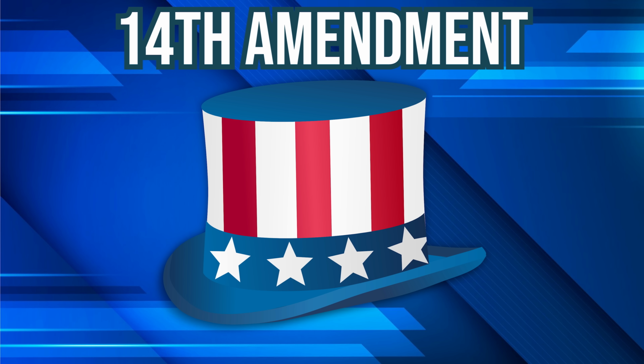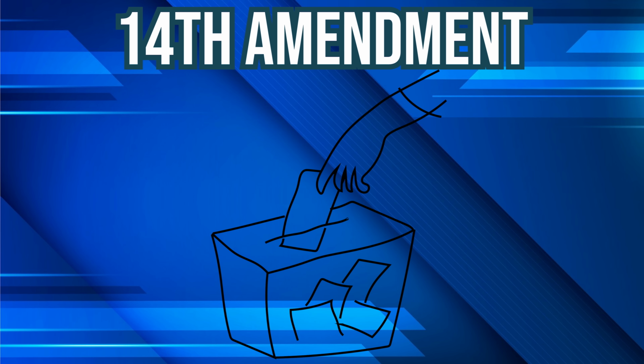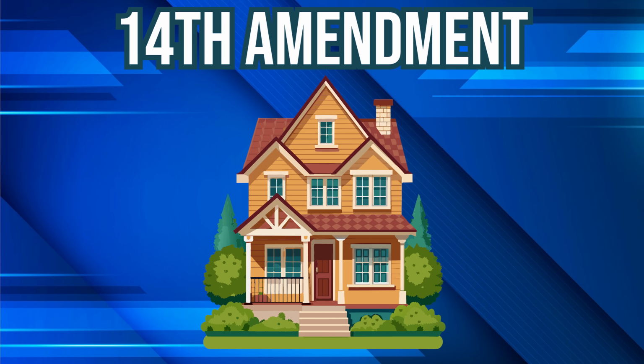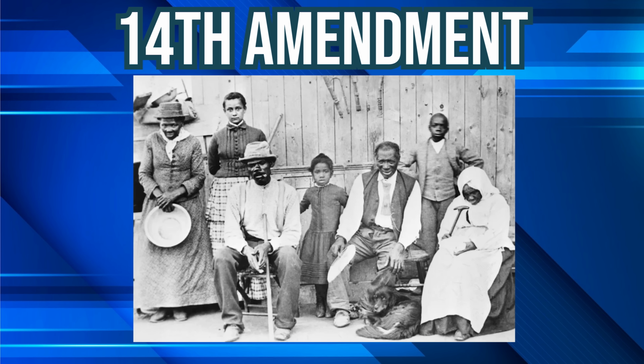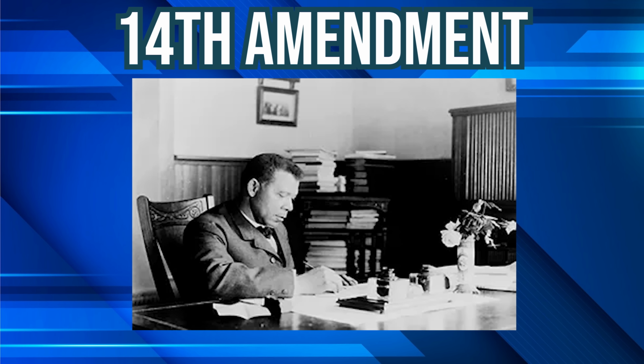You had the ability to, for instance, vote. You had the right to own property. All of these things came as a result of the new reality that former slaves were experiencing. But their ability to access those rights that they were now guaranteed under the Constitution was limited in many ways. And so the 14th Amendment really was an attempt to address that grievance.